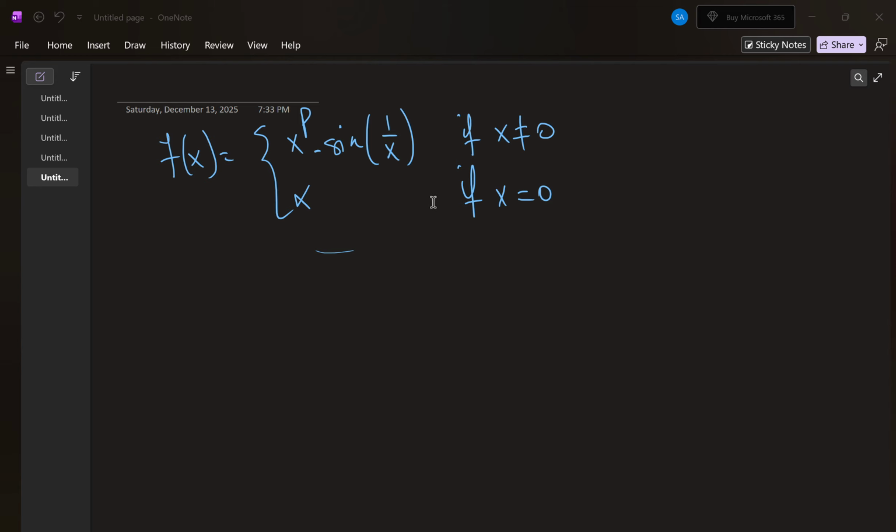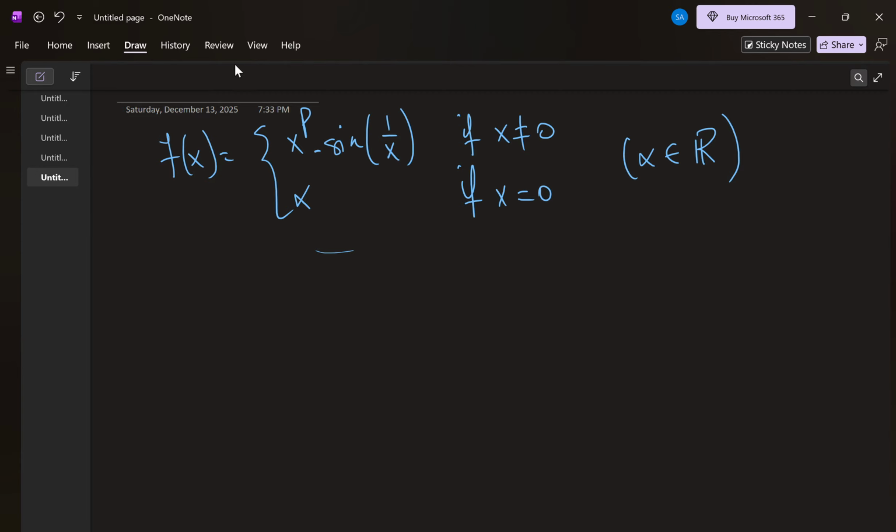Alpha is any parameter that belongs to R. Here discuss according to the values of p and alpha the continuity of the function f.